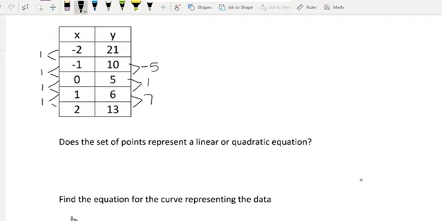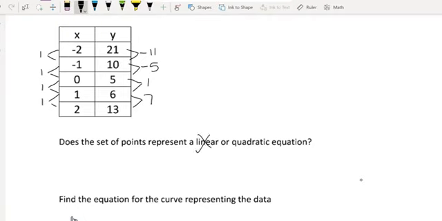And 10 minus 21 is negative 11. If this was a linear equation, I would have a common difference, which would tell me the slope. Okay, I don't have a common difference. It's not linear. So let's see if it's quadratic.